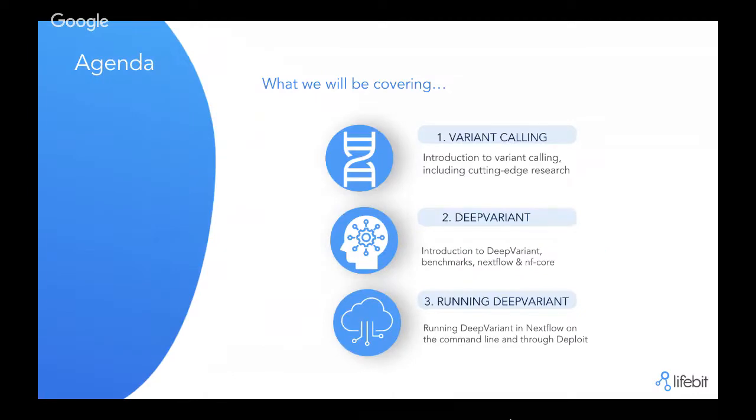We are going to introduce you very quickly to variant calling, then to DeepVariant and its main steps and processes, and what we have been doing to be able to apply DeepVariant elsewhere. Then we will also show you a quick run-through of how we actually use DeepVariant for production analysis for variant discovery and annotation.